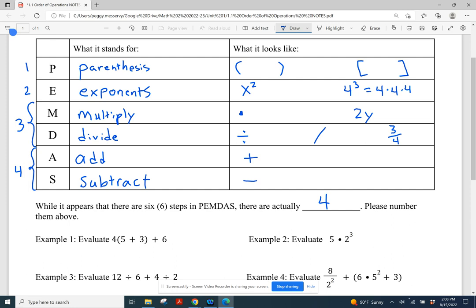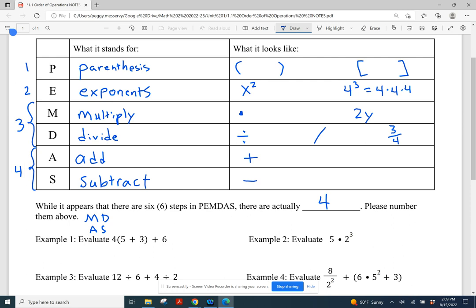I also want to mention that for the multiply and divide part of PEMDAS and the add and subtract part of PEMDAS, if parentheses are all done and you have several, let's say, multiply and divide, you do those left to right when there are no parentheses.